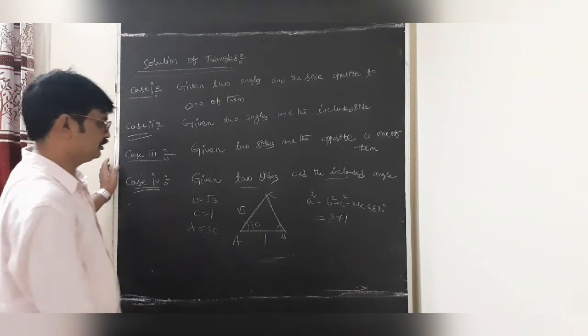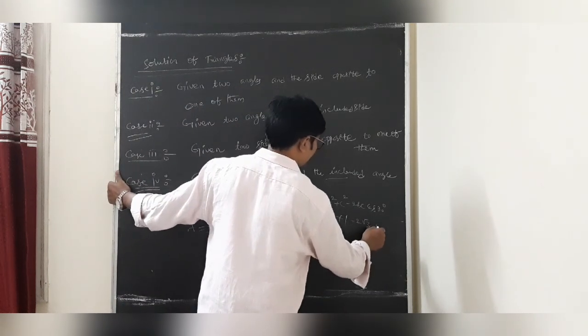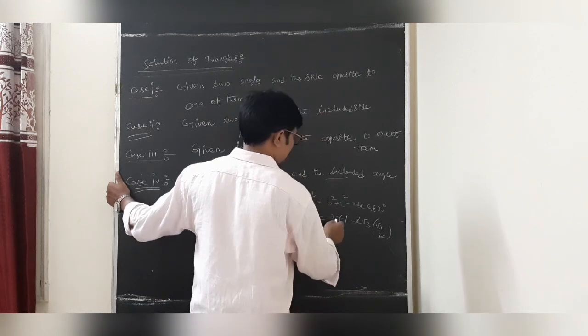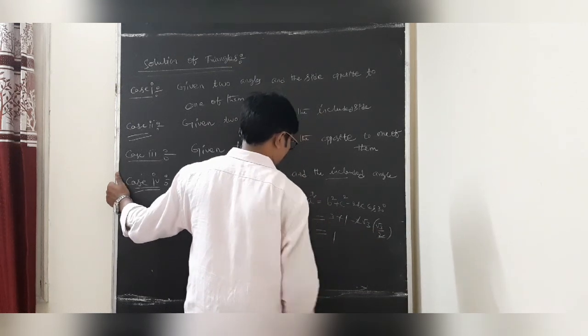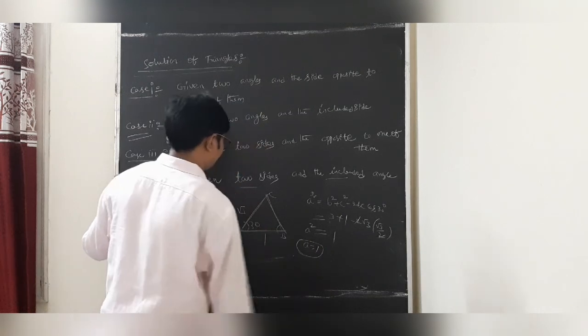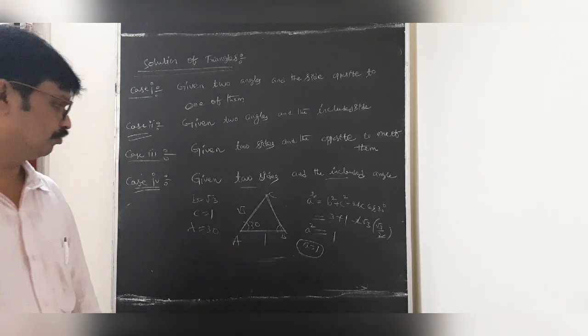Okay students, minus 2bc, that is root 3, times cos 30 degrees, which is root 3 by 2. So this is 3 minus 3, that is 1. a square is also 1. So the length of side a is also 1.